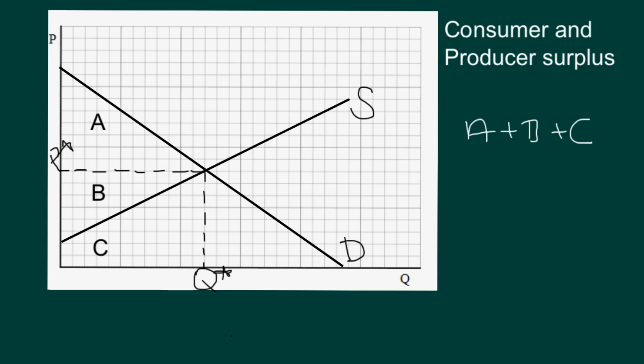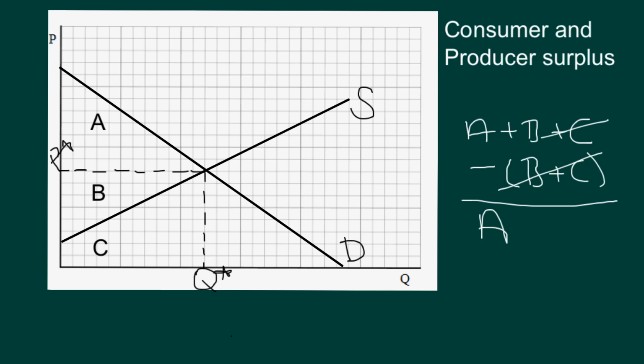Now, for the purposes of our consumer surplus discussion, what we're saying is that the consumer values the entire quantity, the Q star they're buying, at A plus B plus C, but they actually have to pay for it, and the amount they pay is B plus C. So if we subtract what they pay from what they value, the B and the C cross out, and what you're left with is A. And so this is another way to understand why the area under the demand curve and above the market price, A, is their consumer surplus.